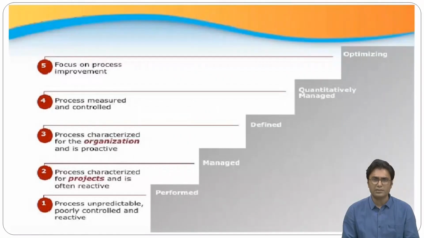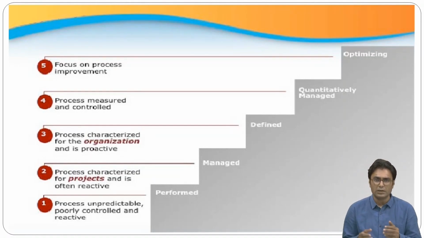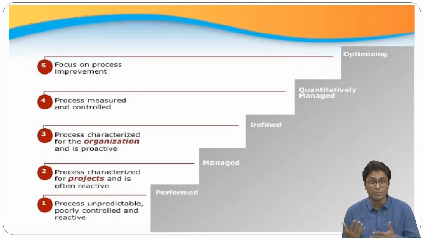Now, in the next slide, we have maturity level 1, which is performed, right? At this level, processes are usually ad hoc and chaotic. The organization usually does not provide a stable environment and does not use any proven processes, right?